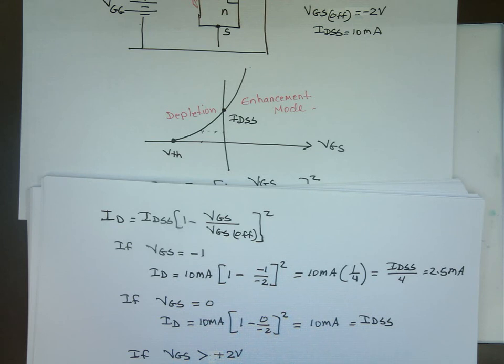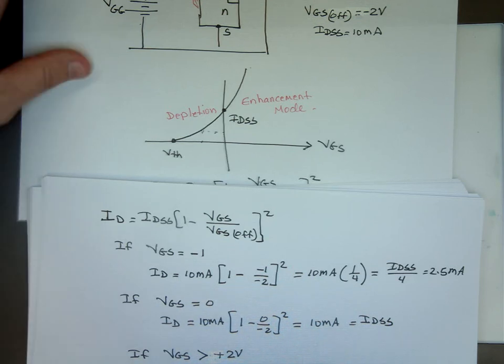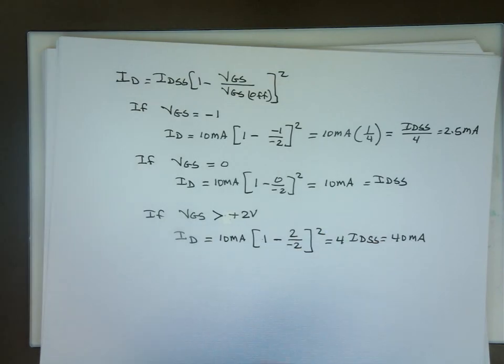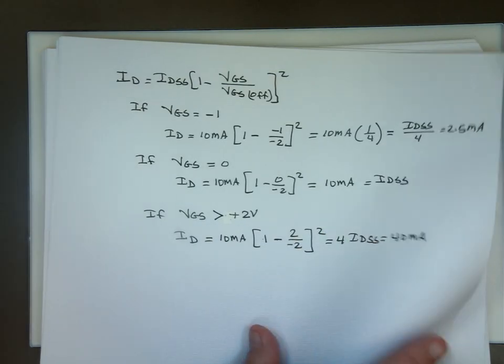Now, as I said, the MOSFET is almost identical to the JFET. Really, the major difference is enabling VGS to be either negative or positive. That's the only difference between them. Negative or positive.